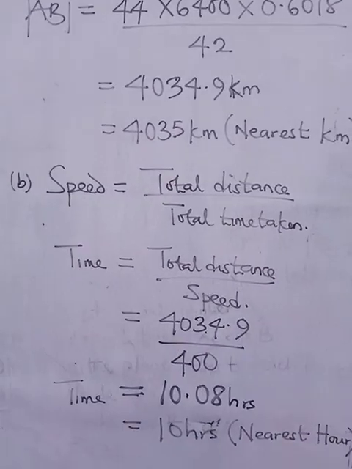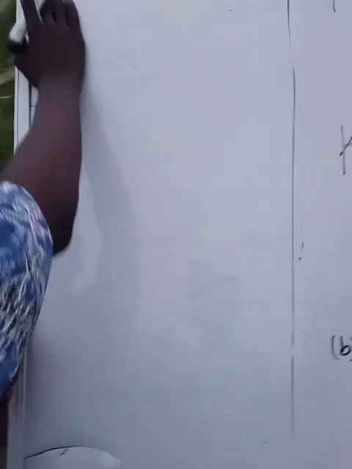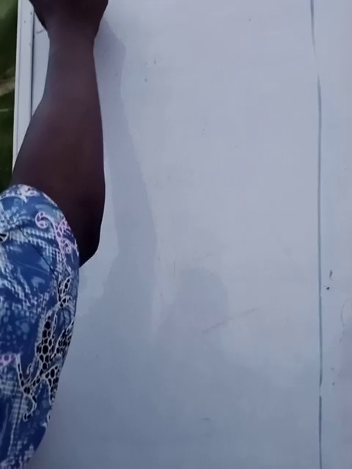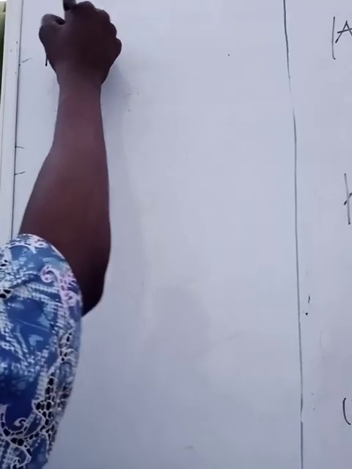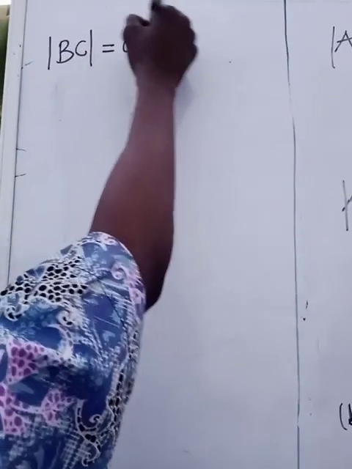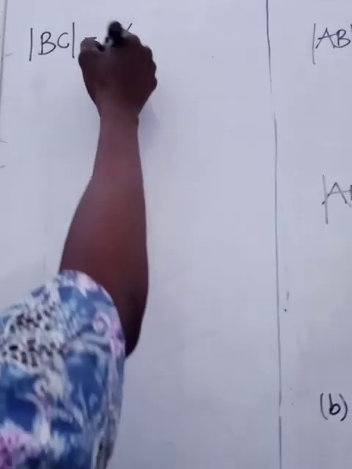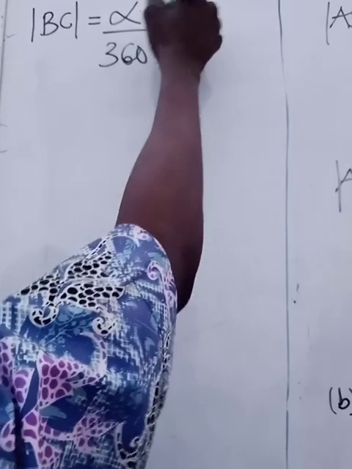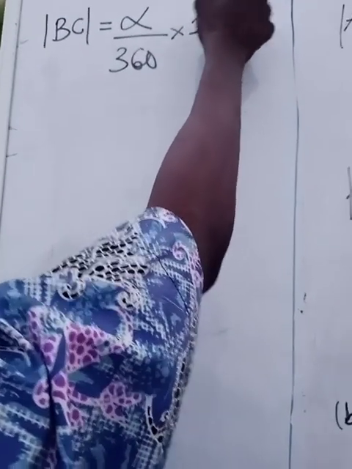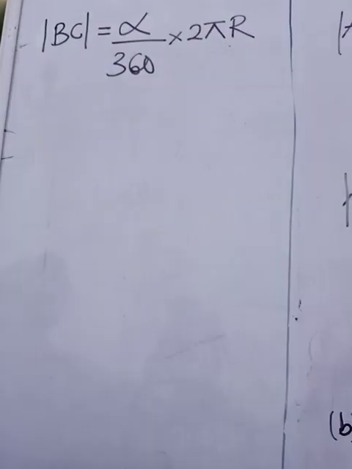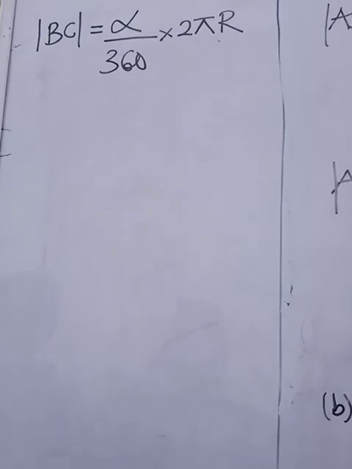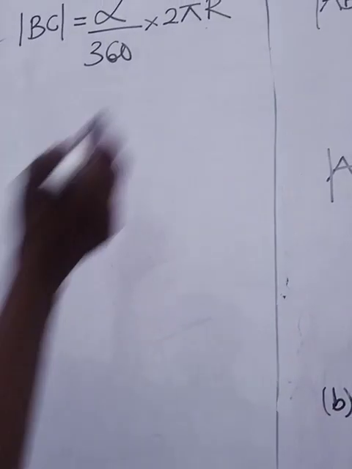The distance BC will be the latitude over 360 multiplied by 2 pi r, but here it is going to be capital R. Now there is a time when you use small r.